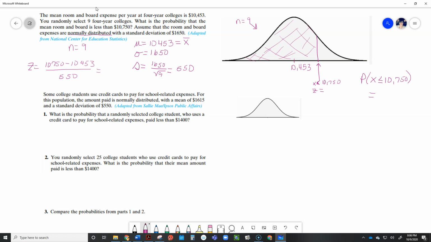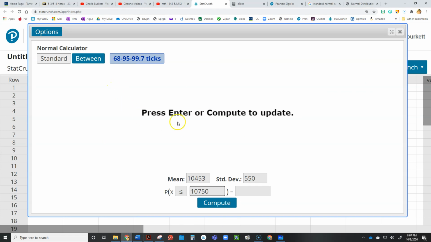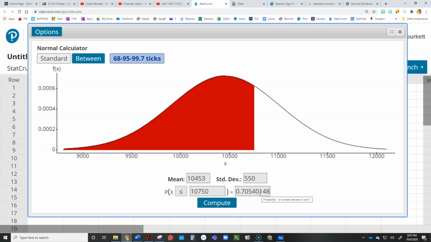And you can find it by calculating your z value, and then looking it up. Or you can go to StatCrunch. Notice that I put in the mean right here for the room and board. This is the standard deviation of the sample, not the population. And then this is my question, and I'm going to compute it, and I'm going to get the probability.